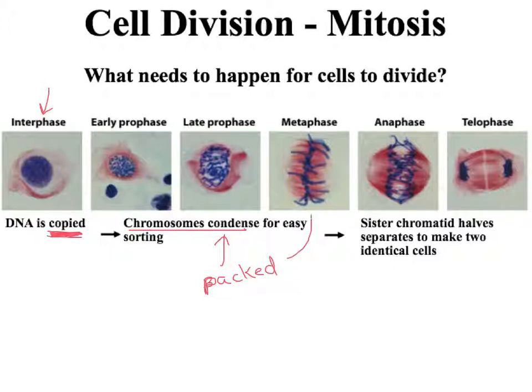First, they're moved to the center of the cell to make sure they're all there, and they buddy up. And then the chromosomes are split and go to opposite ends of the cell. A chromosome at this point is shaped like an X, and each half of the X is called a chromatid.